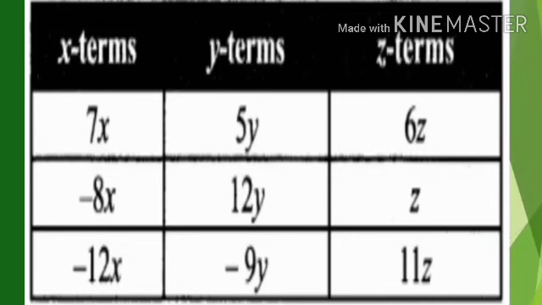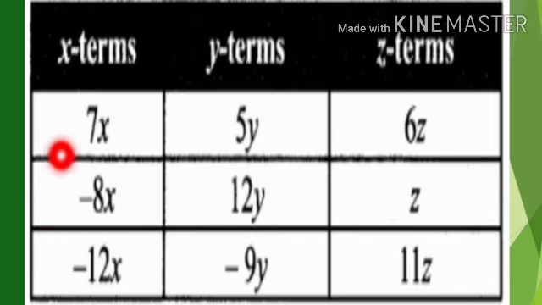Students, in this problem it is given to identify the like terms among the given terms 7x, 5y, minus 8x, 12y, 6z, z, minus 12x, minus 9y and 11z. Here we know that the terms of an expression having the same variables are called like terms. The terms 7x, minus 8x, minus 12x have the same variable factor x.